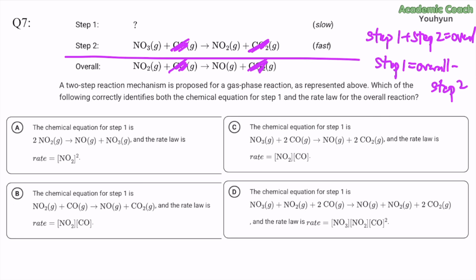So how it becomes is, first off, I'm going to add all of the species that are present in overall to step one. So NO2 on the reactant side and NO on the product side. And since I'm going to subtract step two from overall, that means that NO3 on the reactant side in step two now goes to the product side of step one.